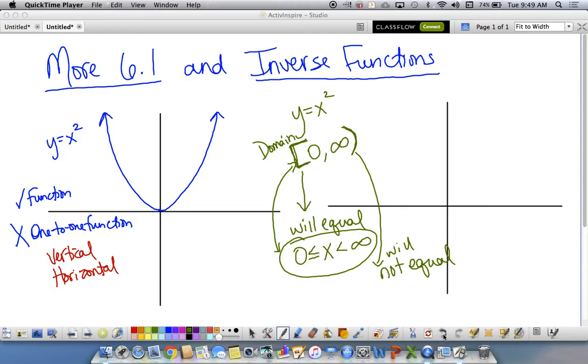Right here, this is called interval notation, which we will be talking about a lot in this chapter. They show you in your book, you see a lot of brackets and parentheses.